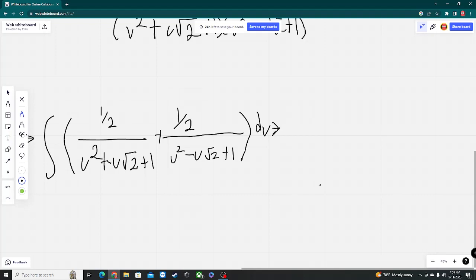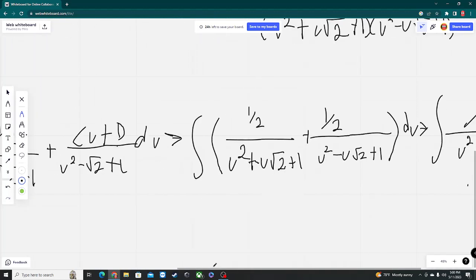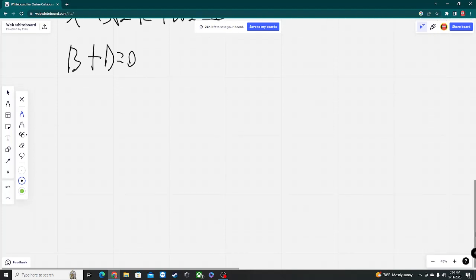We have the 1/2 there. Gonna make this the integral of 1/2. A lot of this is just pattern recognition. If you know that we're just keeping the same denominator the whole way through, then a lot of the other steps kind of come easier.